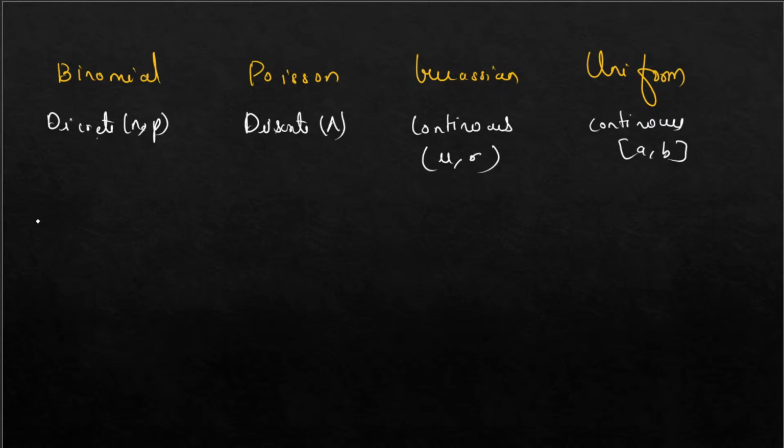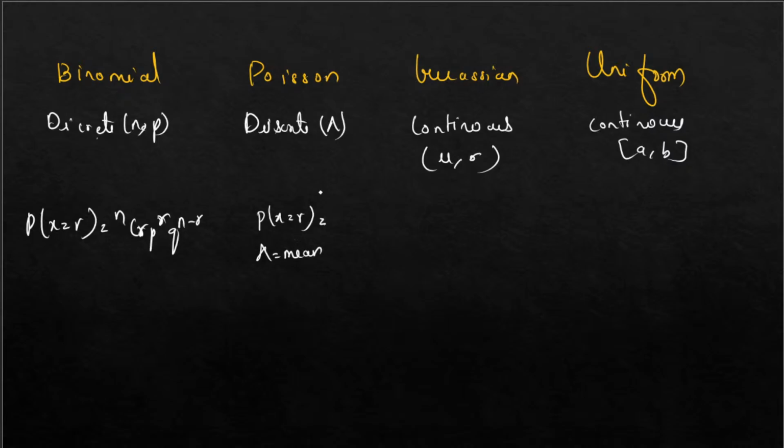Okay, now here probability of x equals r, which is nCr p^r q^(n minus r). Here P of x equals r, which is e to the minus lambda lambda to the r upon r factorial.